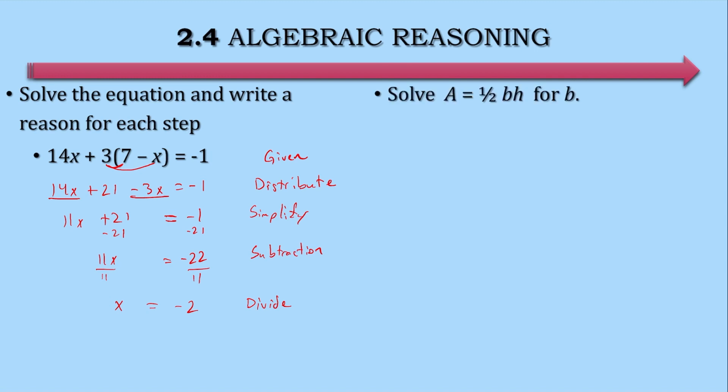Let's try another. All right, again, the problem is given. If I want to solve it for b, I could get rid of the half, so I'll multiply both sides by 2. So what I do, I multiplied.